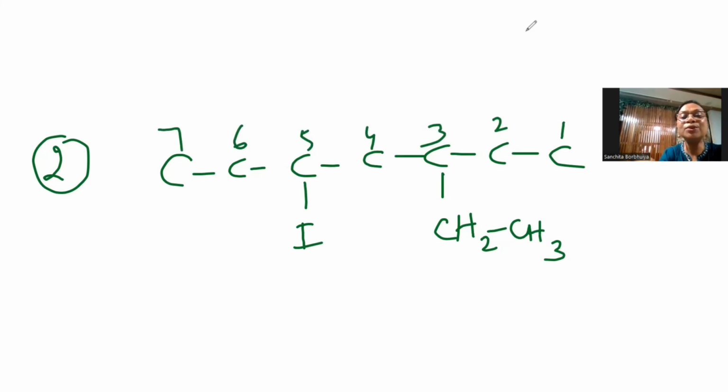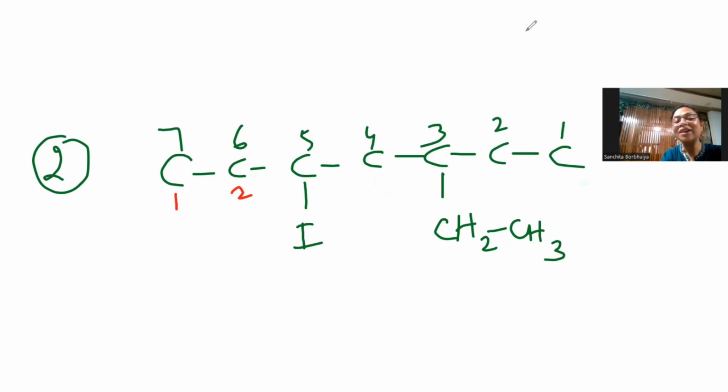If you take the ethyl on the third and the iodo on the fifth, so 3 + 5 is 8. If you take the iodo on the third and the ethyl on the fifth, again it's an 8. So the lowest addition rule does not work out. And what will work out for this?